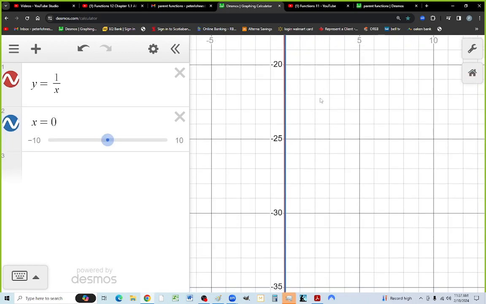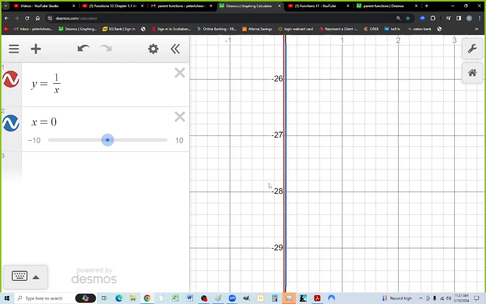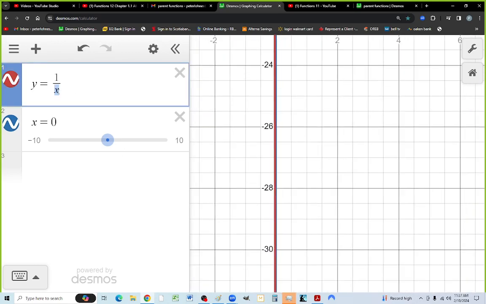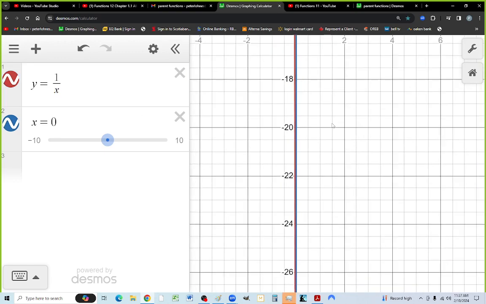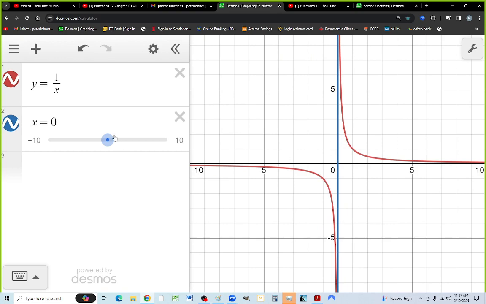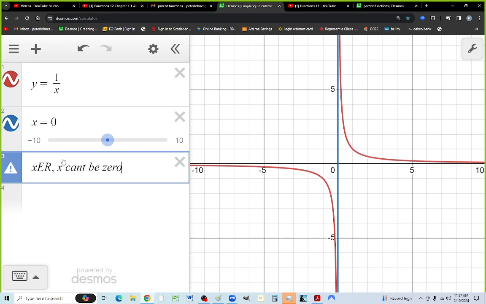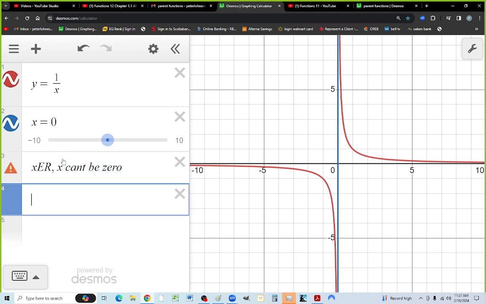It looks like it down here, but if I zoom in, it doesn't cross that blue line. That's because I can never put a 0 down here. My calculator will explode and the shrapnel will kill everybody in the room. So never put a 0 in your calculator. So in this case, x in R, but x can't be 0. So that's the only exception to the domain here. But it also looks like y in R, but y can't be 0.